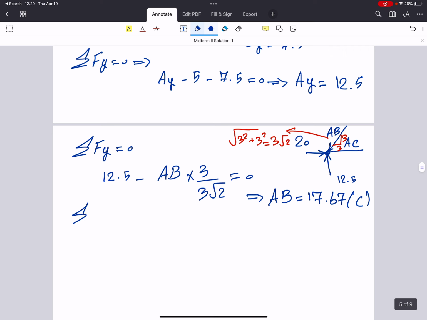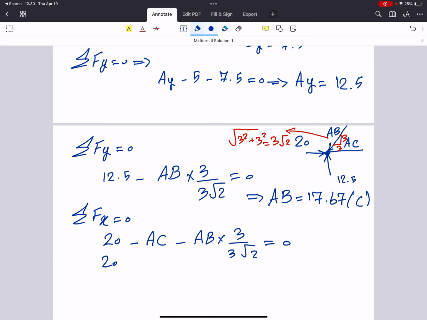Then we can use the Fx equation to find AC. The Fx equation will be 20 going right, then AC going left, AB times the x component.